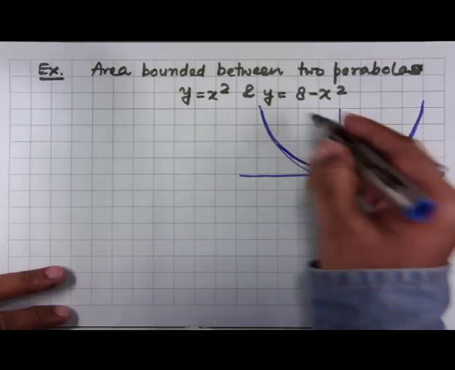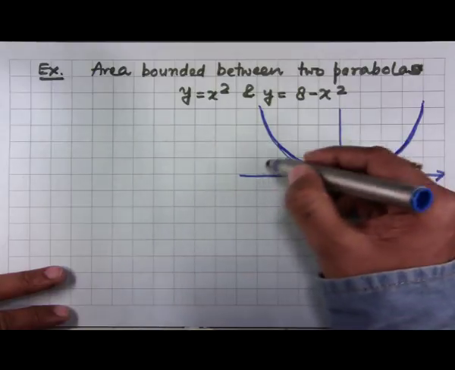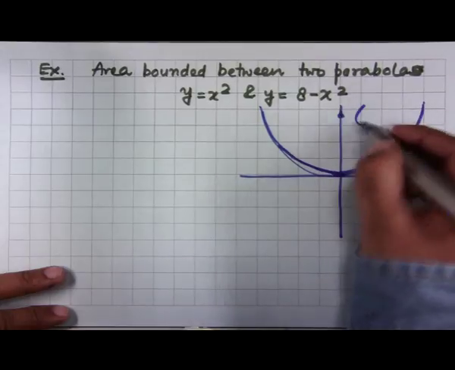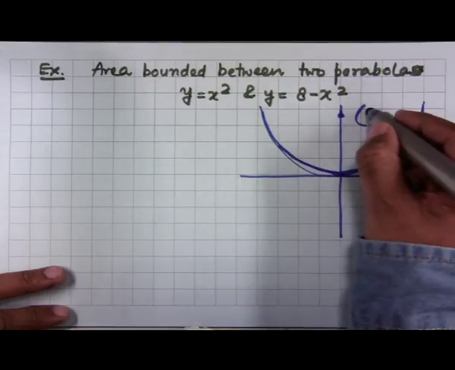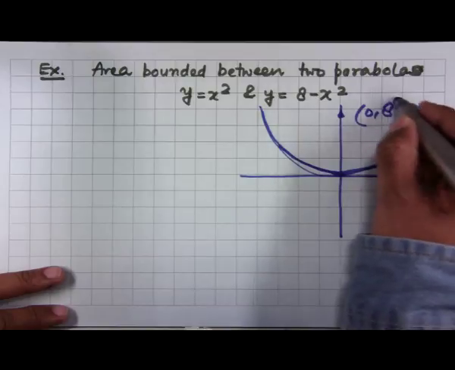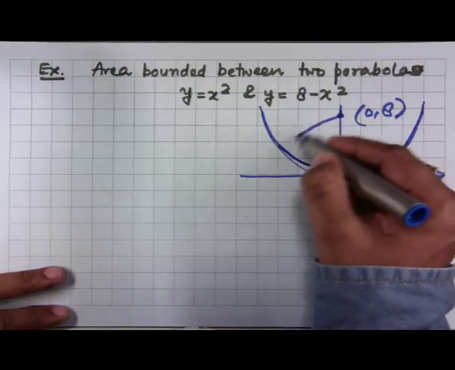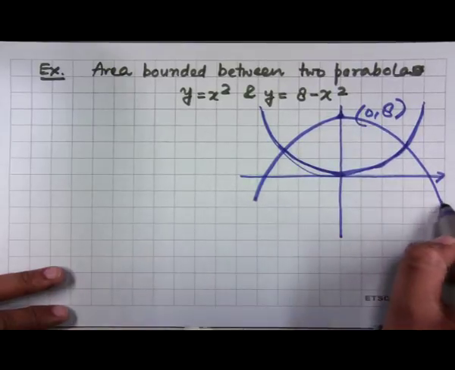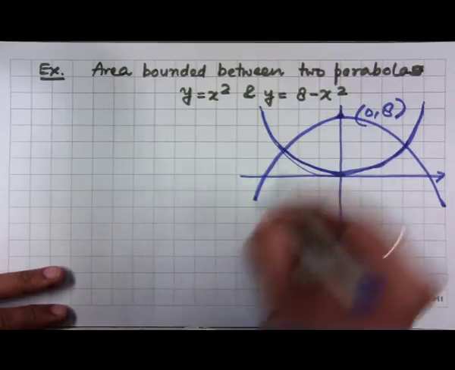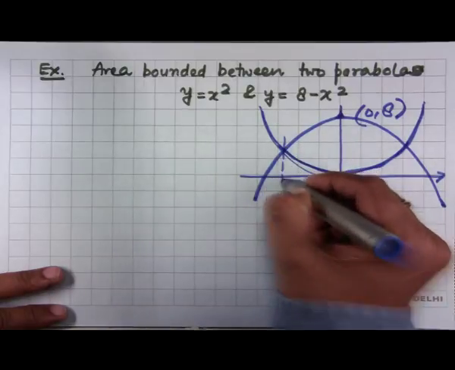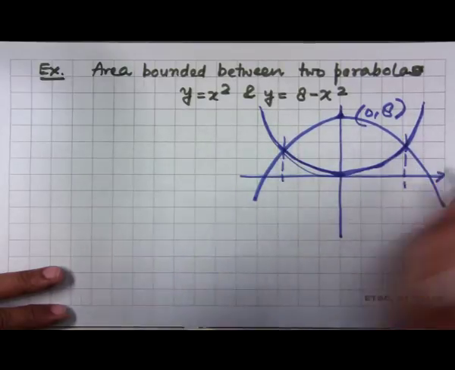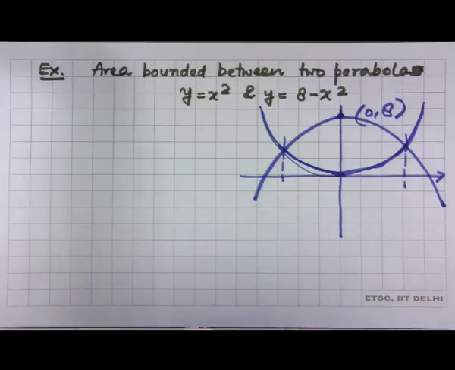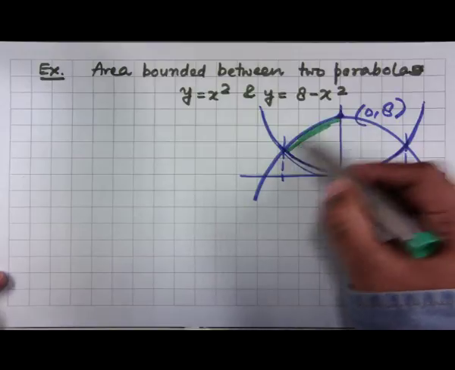and y equals to 8 minus x square is an inverted parabola whose vertex is 0 comma 8. So we will get this shape. So we need to find out these two points of intersection, and the required area is shaded by green color.